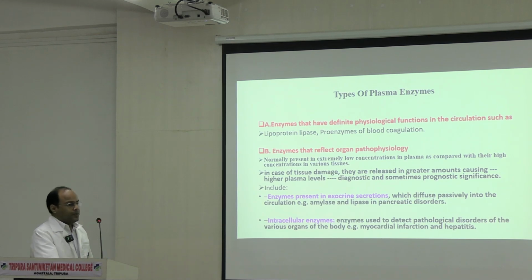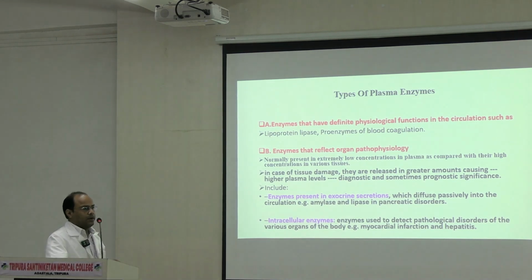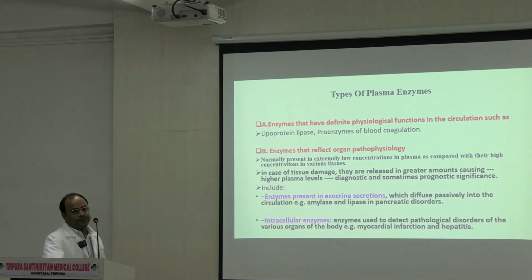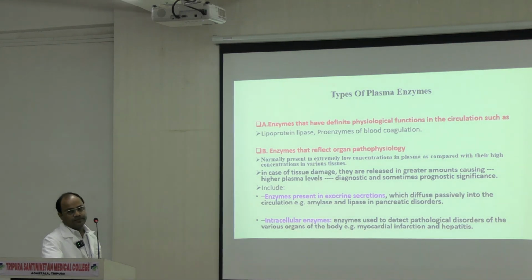Just remember, these proteins, coagulation factors, complement proteins, lipoprotein lipase, are present in the blood. And some enzymes are tissue specific; when the tissue or organ is damaged, their marker is raised in the blood. Normally they are present in extremely low concentration in plasma as compared with their high concentration in various tissues.